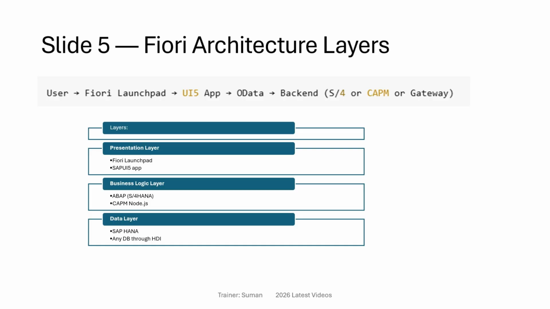If you are taking CAPM as the business logic layer, the front end can be any UI. It can be Fiori, it can be Swift, normal HTML, any technology. And the data layer, the backend, can be any database, not only HANA, it can be MaxDB or any database.